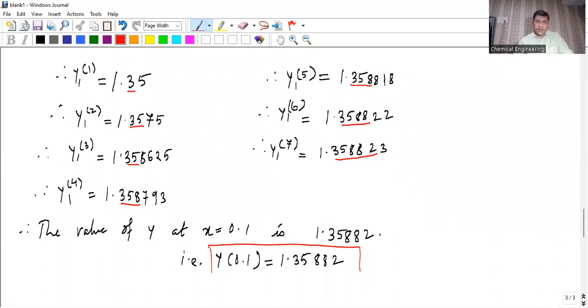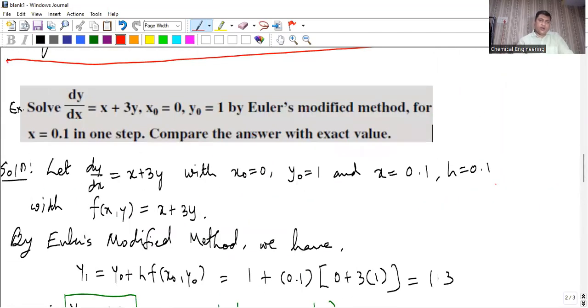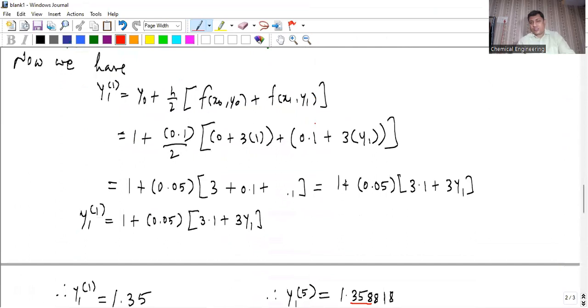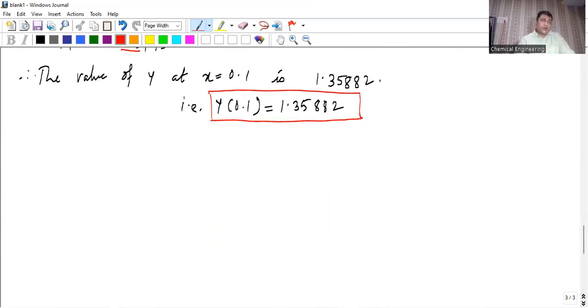But our question says that we also have to find the exact value. You can see we have got the value of y at 0.1 using the Euler modified method, but we have to compare this answer with the exact value. That means we have to solve this differential equation, find the analytic solution, and then compare. So we have dy by dx = x + 3y.